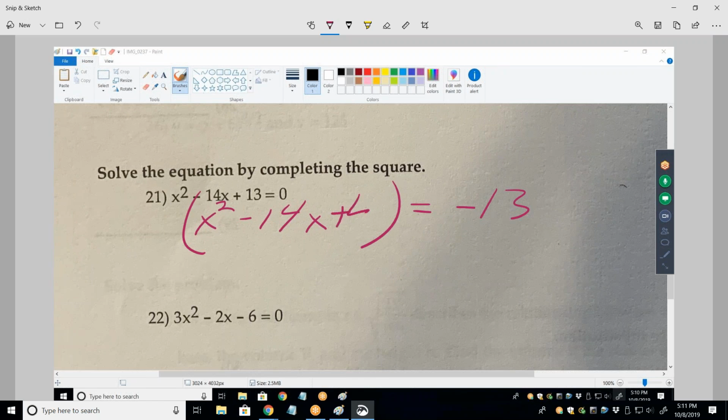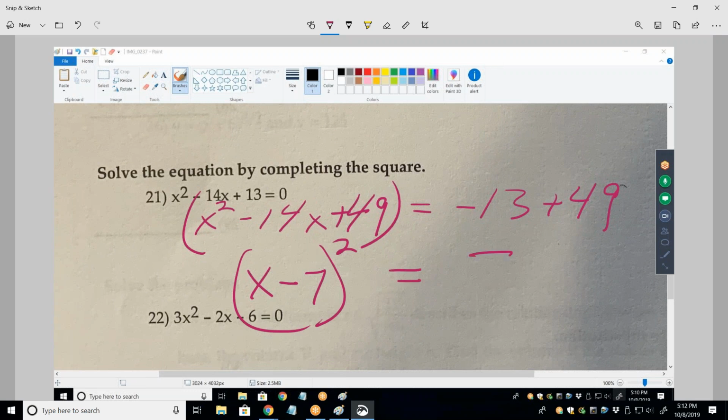And now you got to balance. How do I balance? Then you do negative 13 plus 49 on the other side. Now rewrite this as a linear binomial term. x minus 7 squared. Yep. That's the whole point of completing the square, is so that you can write that as a binomial term.